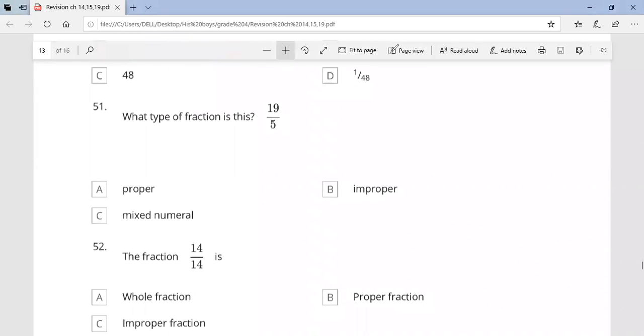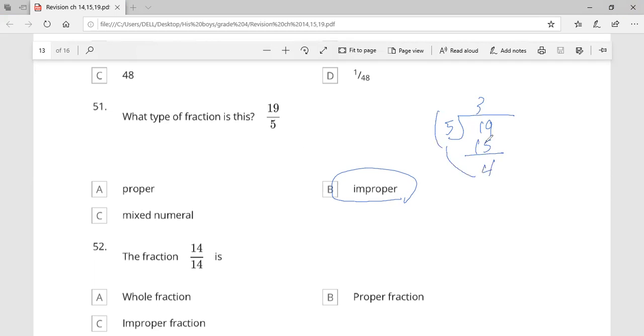Again, as we said before, here is the type of fraction, an improper fraction. We can change it by long division if you want to change it to a mixed number, as we did in the first part of our revision. 19 divided by 5 equals 3. 3 multiplied by 5 equals 15. Subtract: 4.